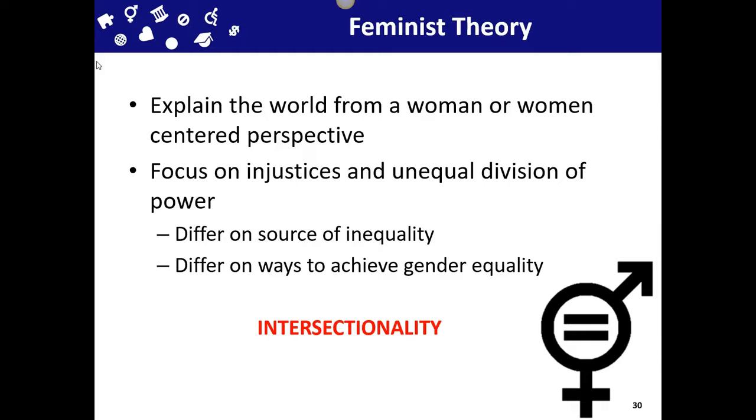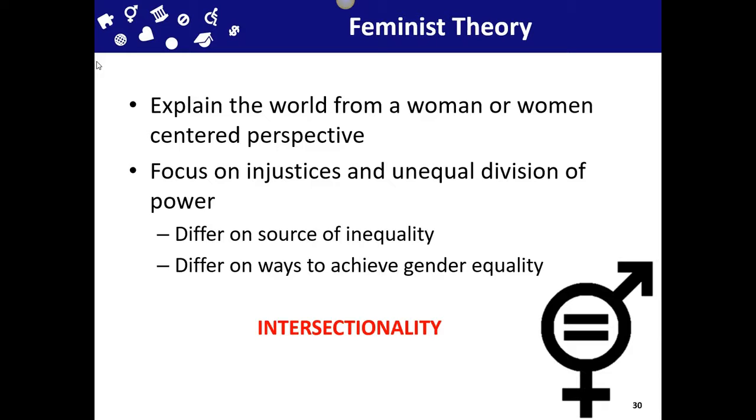As people experience the world, they experience it according to all the different identities that they have, and these identities intersect with one another. And when we're talking about inequality, oftentimes, if a person is in more than one minority group, meaning they are in more than one kind of group that is disadvantaged in society, these disadvantages can compound to impact their experiences.